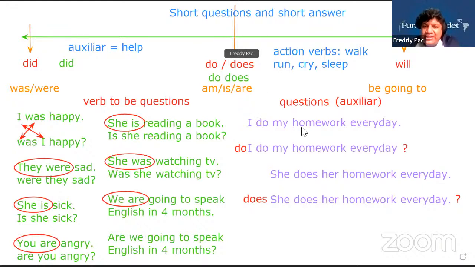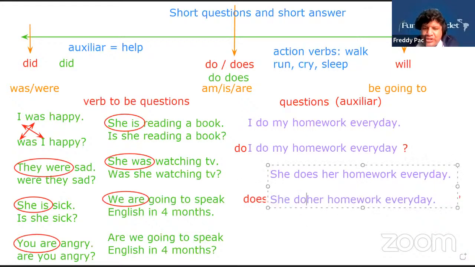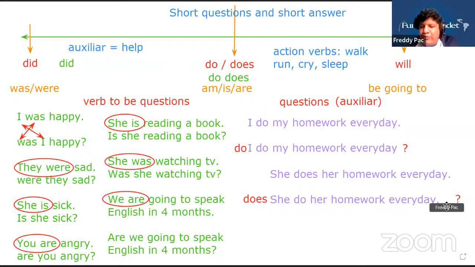That is the only difference about these sentences. I am going to change just my verb to base form. Does she do her homework every day? Look, that is the only difference. Does she do her homework every day? It is a question already. Does she do her homework every day? Do I do my homework every day?